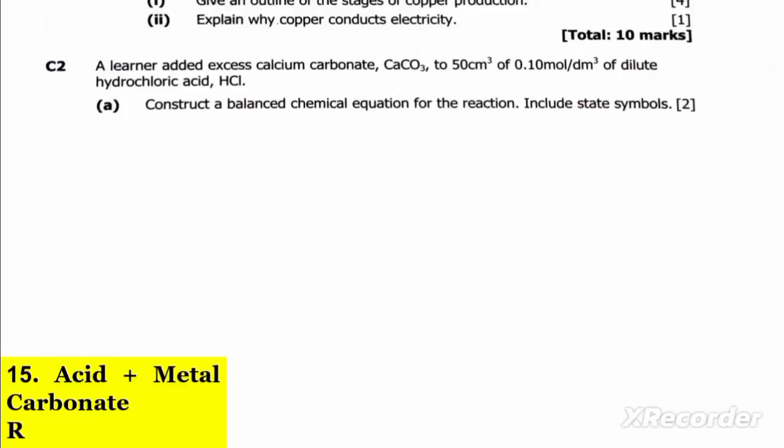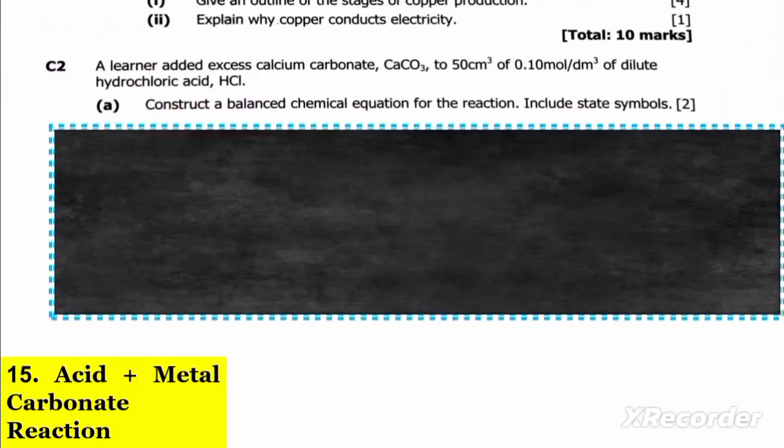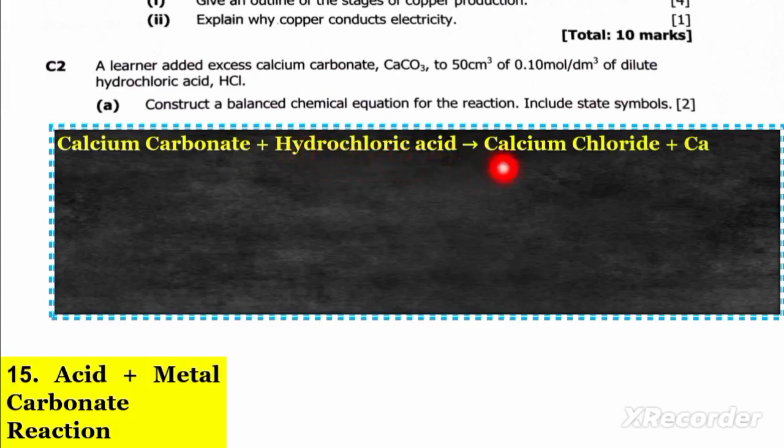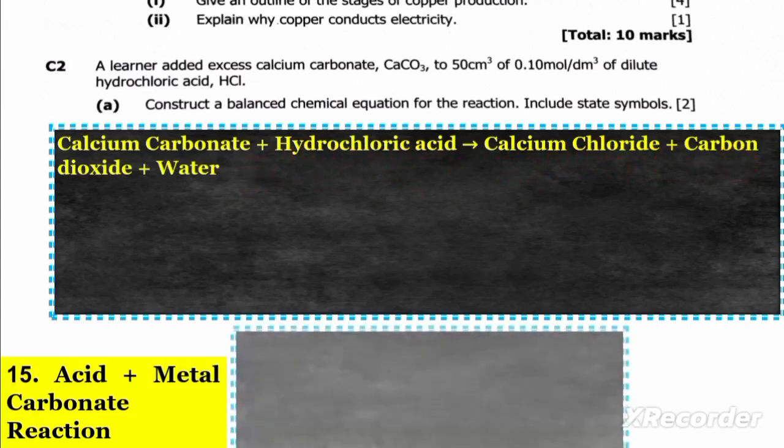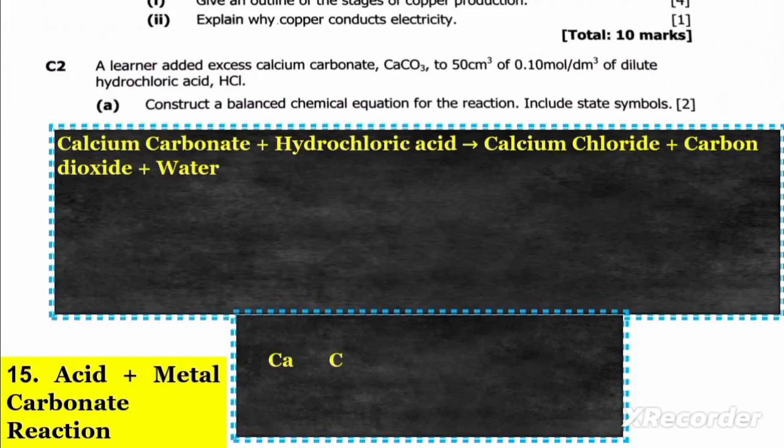So the question is saying construct the balanced chemical equation. To construct it, we are going to say calcium carbonate plus hydrochloric acid is equal to calcium chloride plus carbon dioxide plus water. Let us come up with the chemical formula of calcium carbonate.